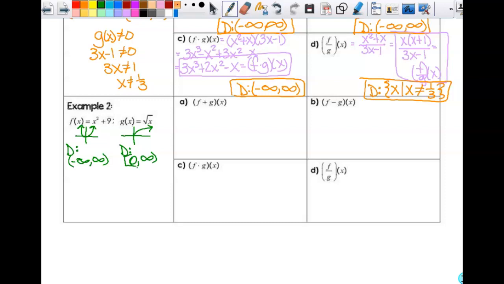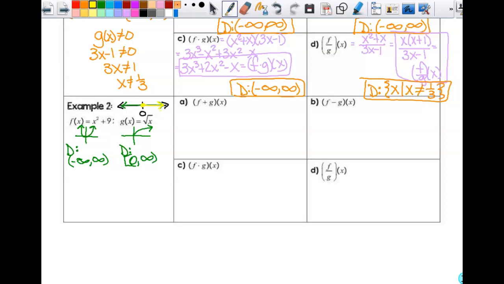Alright, so let's think about the domain. It's the intersection of these two. Do you remember, quite often, you had to shade in number lines, where 0 is right here? So all real numbers would look like this. It's literally everything, right? And then 0 to infinity would look like this. What they have in common is where they overlap.